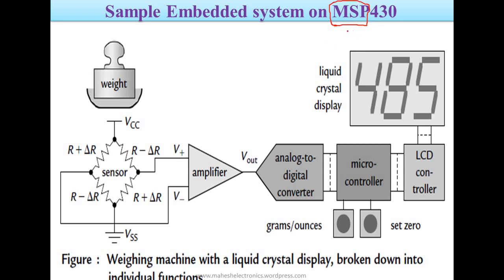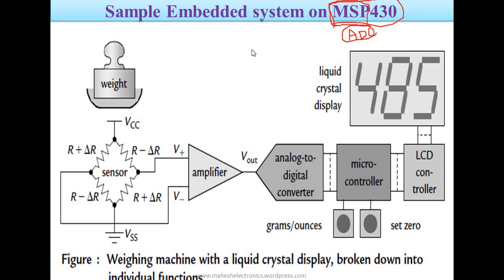Internally there is an analog to digital converter feature with a resolution of 16 bits. With the help of this ADC, you can convert analog information into digital information. So it is termed MSP 430, that is, mixed signal processor.